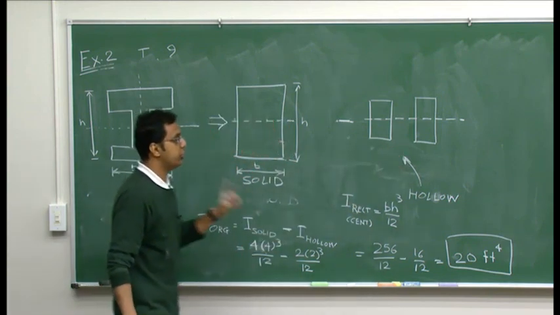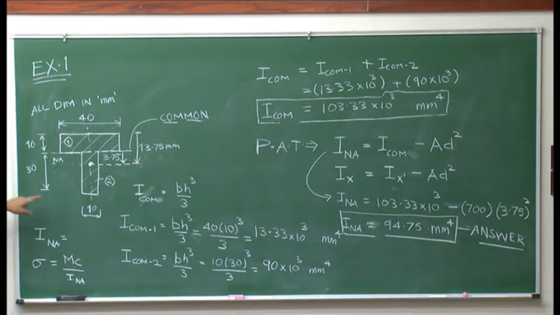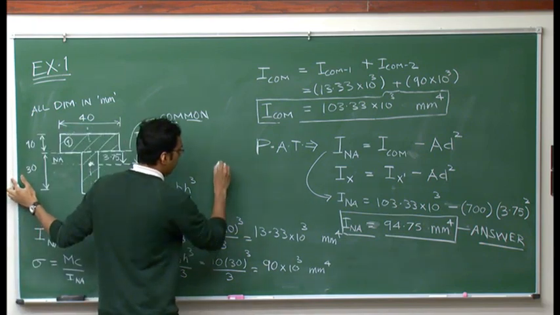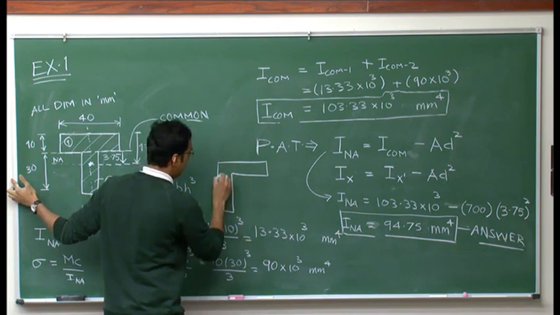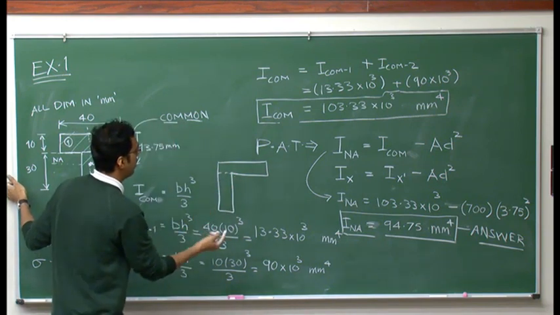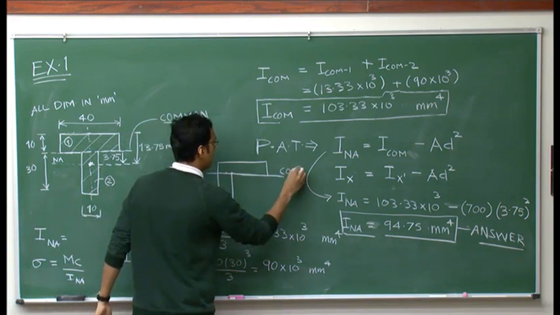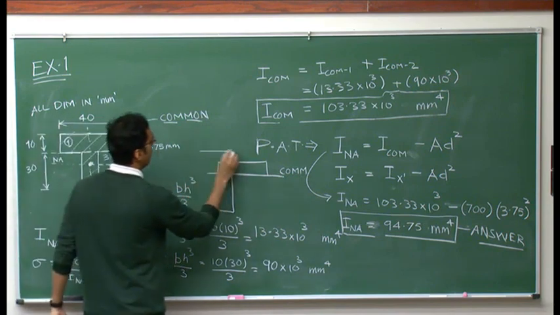Okay. Similarly, if you go back to the other board, where we had a T section, we made use of a common edge in order to find the moment of inertia for this T section. You can also solve a problem of an angle section like this, where you can use this edge as a common edge, or it can be even another shape like this.